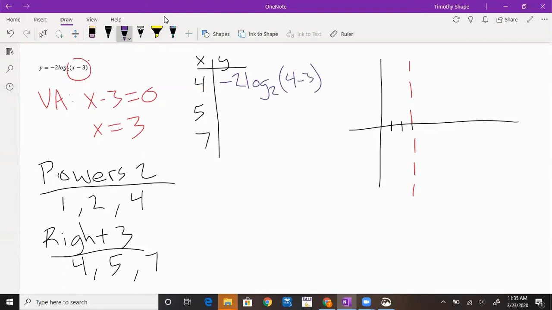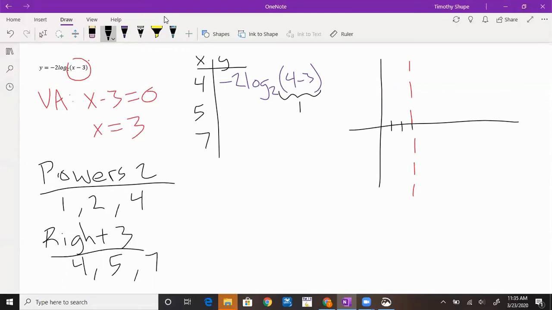Now there's two ways that I can do that. I can either type this into the calculator using the change of base, that division of logs like we've talked about, or I can evaluate this using the properties of logs. Looking at this, I can see that this piece inside is going to be equal to 1.